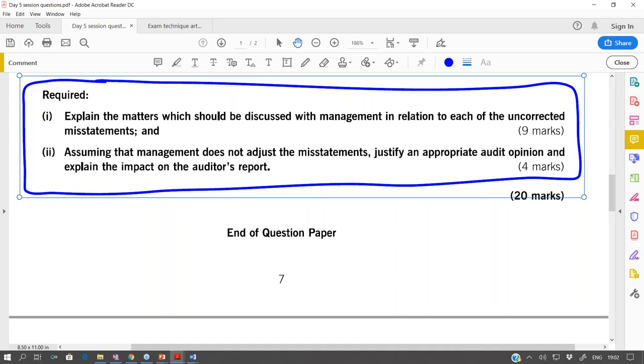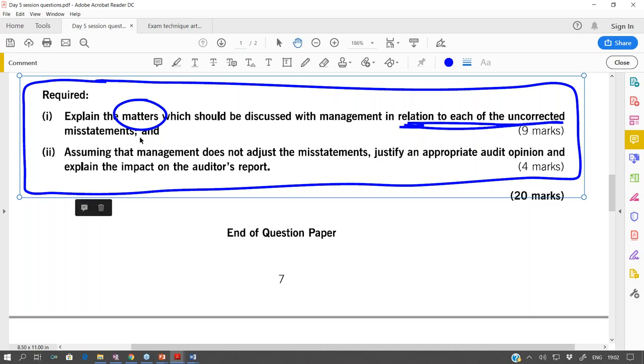Explain the matters which should be discussed with management in relation to each of the uncorrected misstatements, and we have 9 marks.